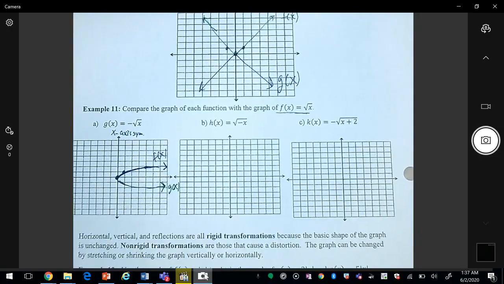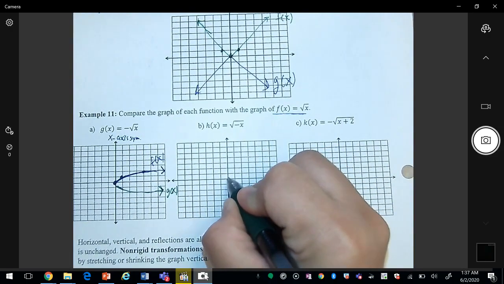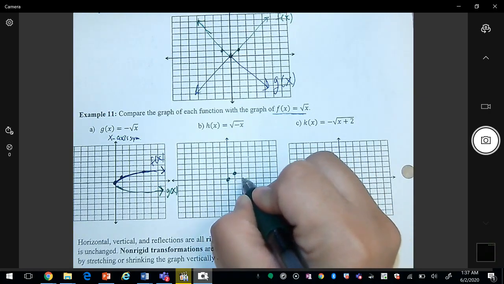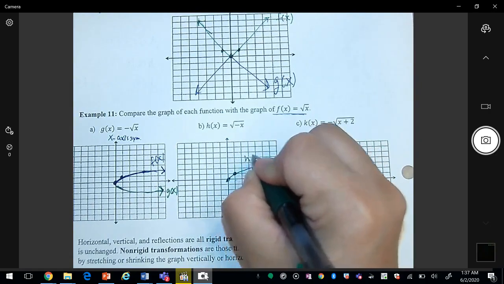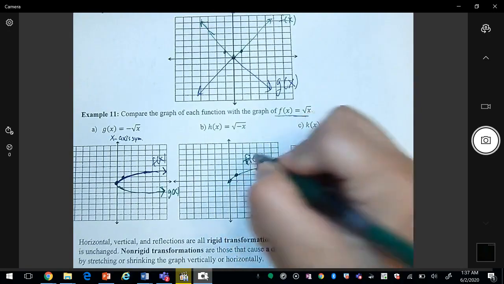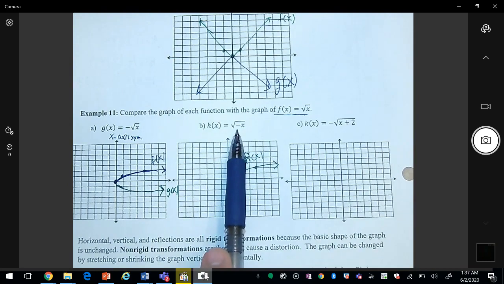Okay, on the next one, we have the parent function. This is f of x. And notice here that the negative is on the inside.